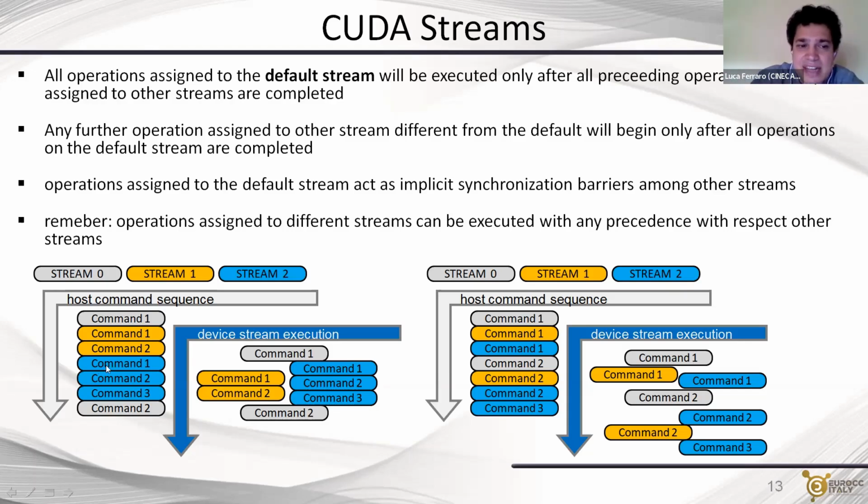In fact, they are assigned with a blue color. And then I invoke another command, which is assigned to stream 0. This is the order I write in my code. But how will all these commands execute on the device?